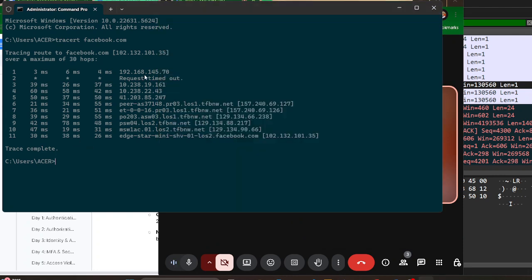So as I was explaining, one of the functions of IP address is to help us identify the network and the host, right?